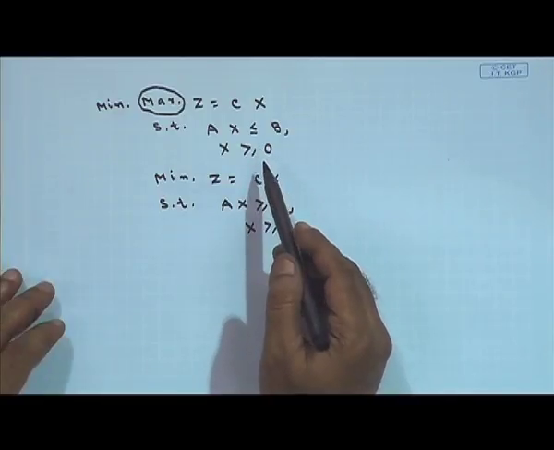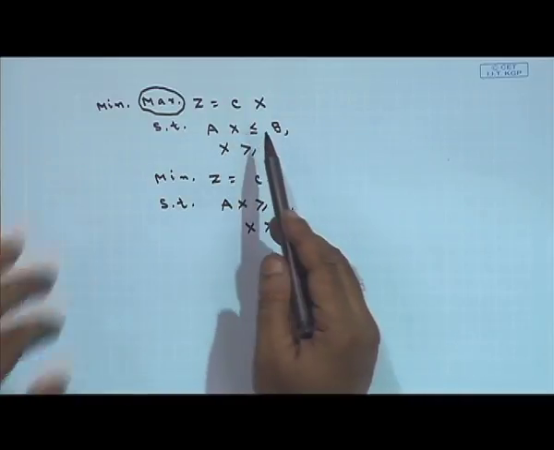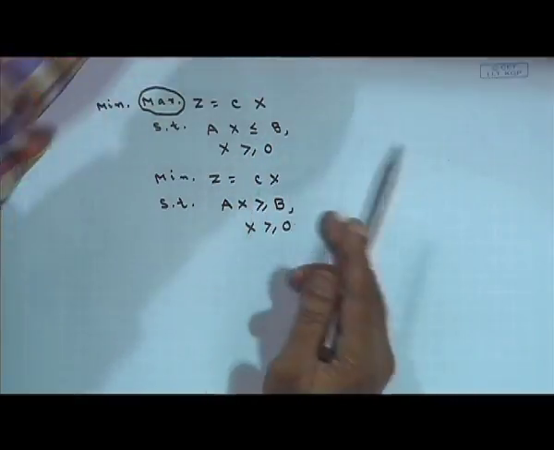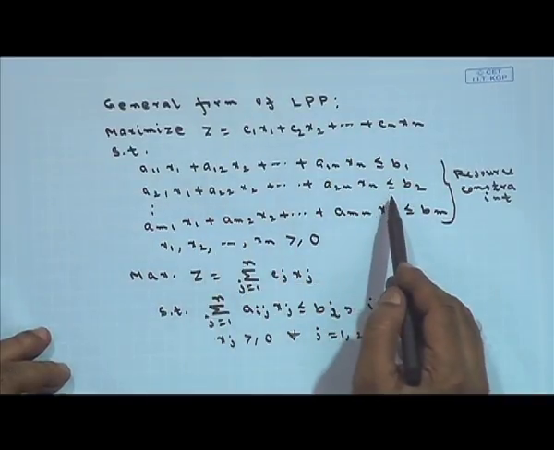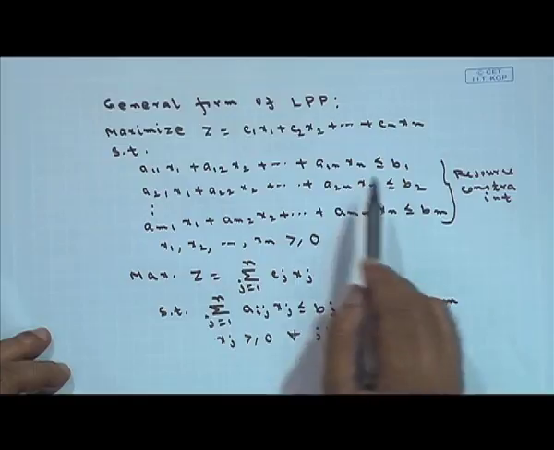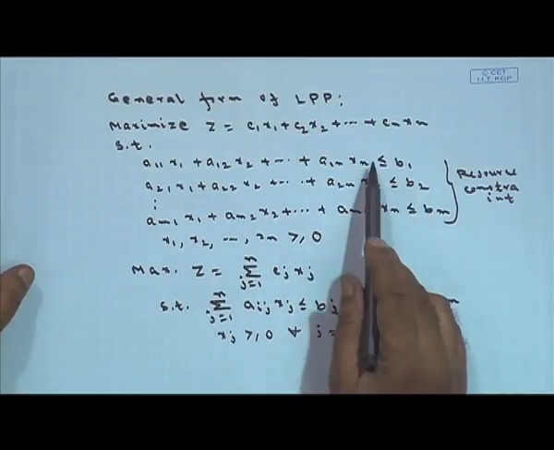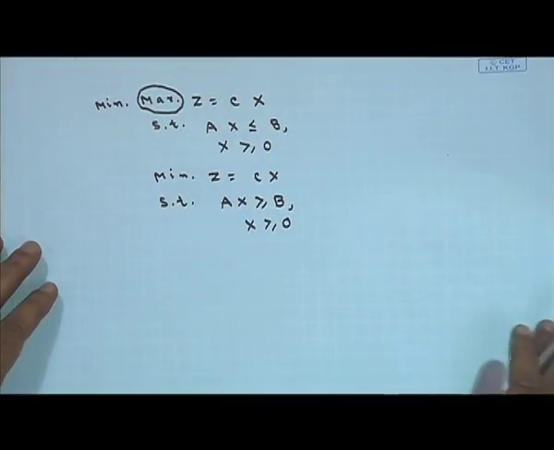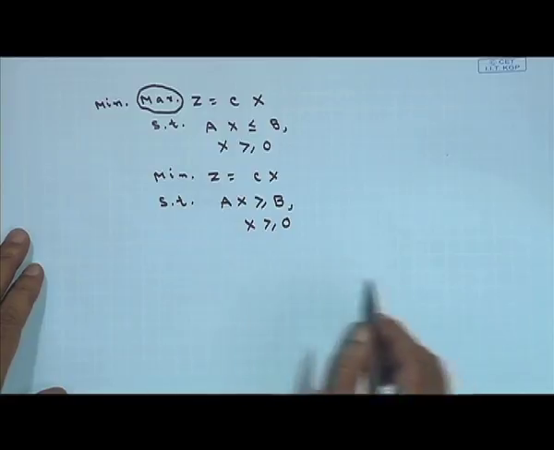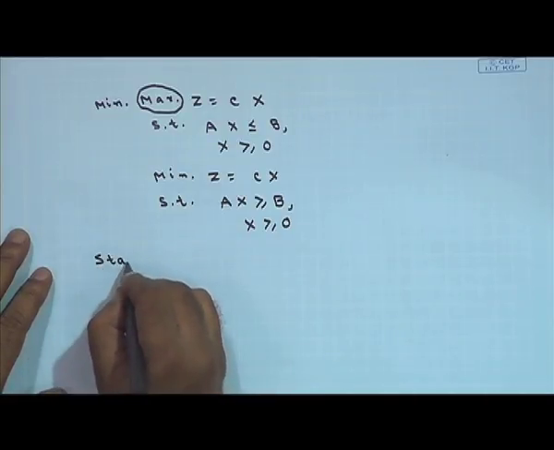If you see in LPP, we have m equations and n variables. I have to find the solution of these n variables which will satisfy the constraints. So, in standard form we can write two things.